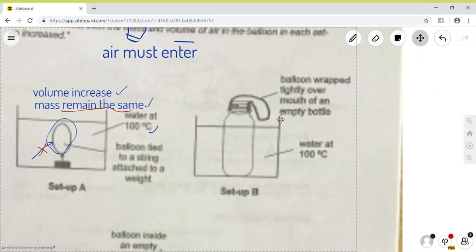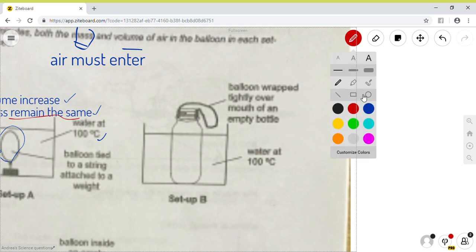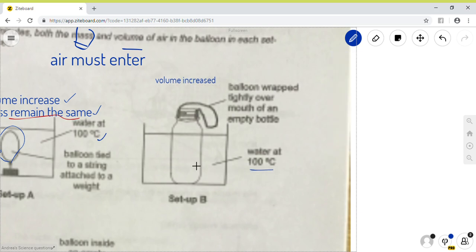Alright, so look at option 2. For this one, the balloon volume increases. Why? Because water is 100 degrees Celsius, so the air expands here, and it goes into the balloon, so the balloon will increase in size. So the volume increases. Now the mass also increases.